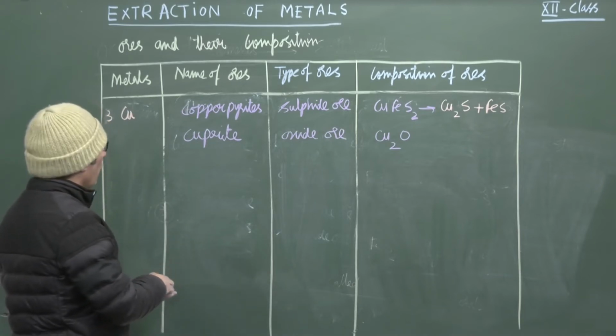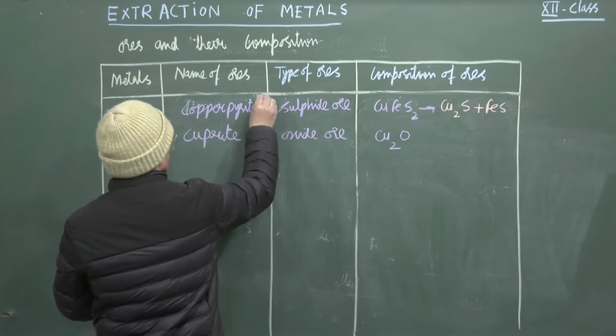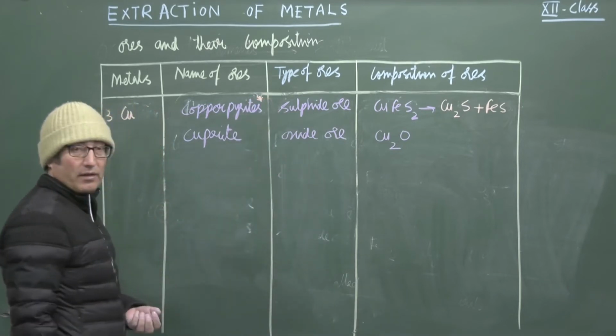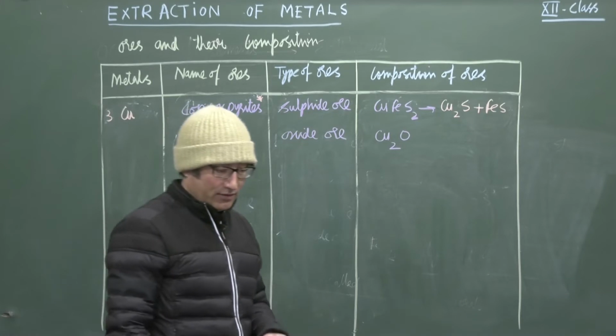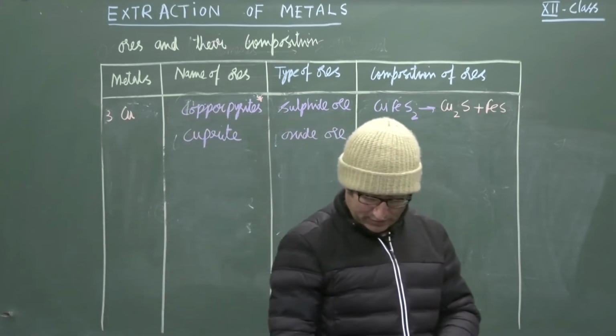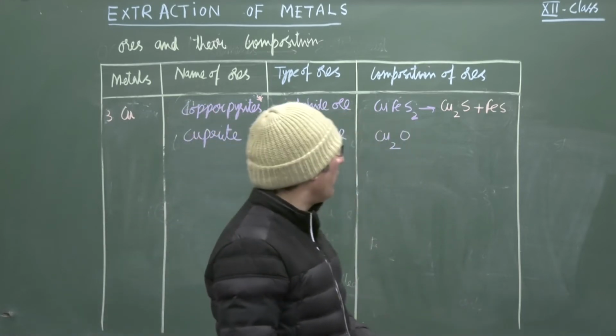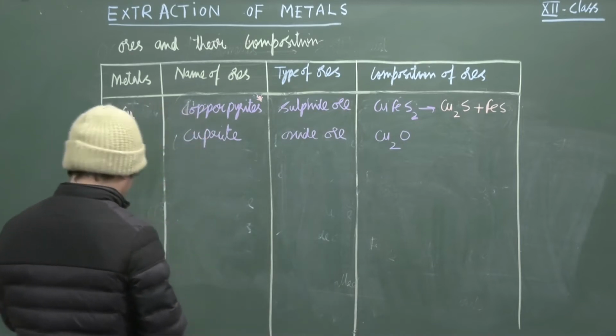The principal ore out of them is the copper pyrites. So extraction of copper becomes a later lecture, where copper is extracted on a large scale from copper pyrites.